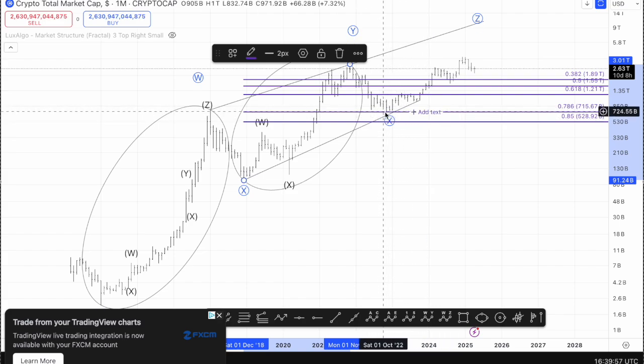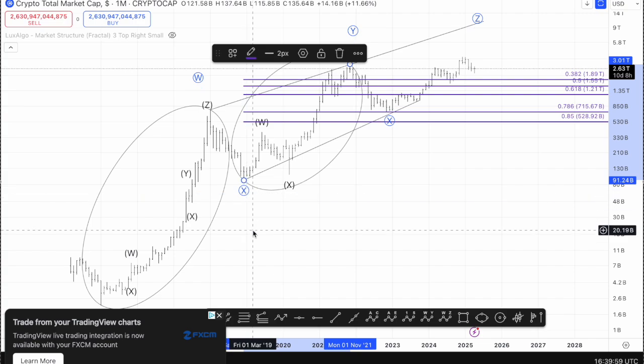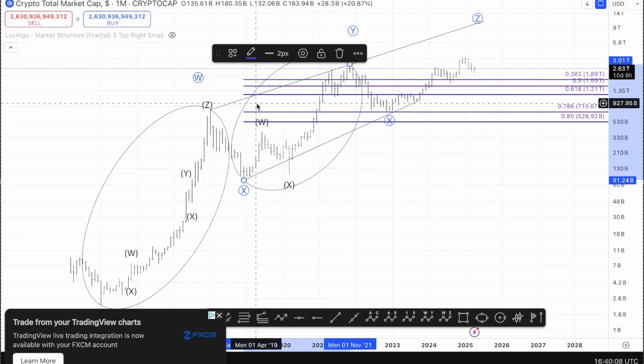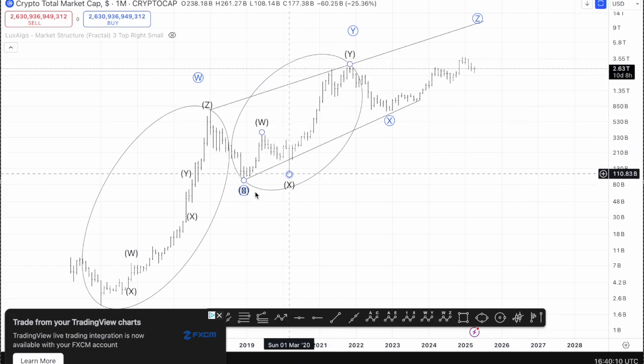It's still within the boundaries, within the logic for a secondary wave X. So this is why I'm counting this whole move as a WXYXZ.